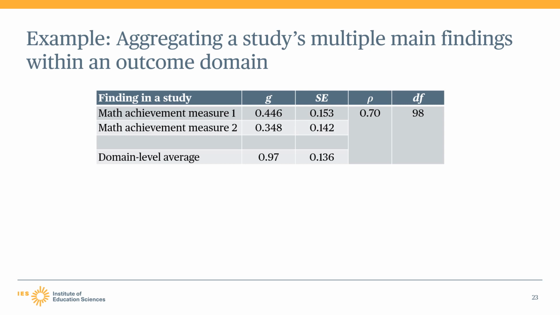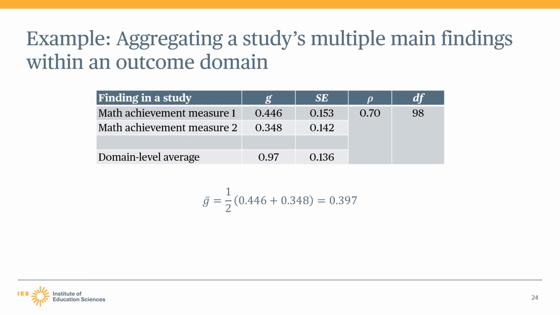The second math achievement measure has an effect size of 0.348 and a standard error of 0.142. Using the formulas shown on the previous slides, we first can calculate the simple average of the two effect sizes.